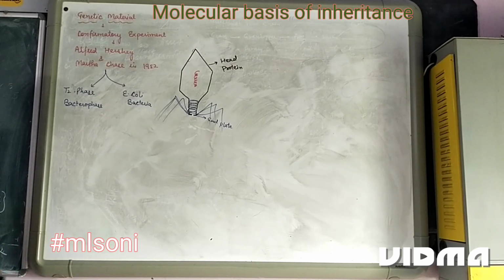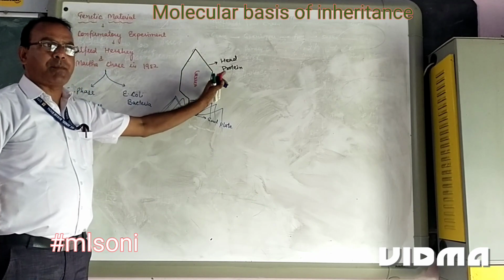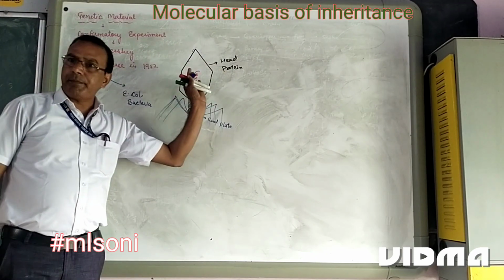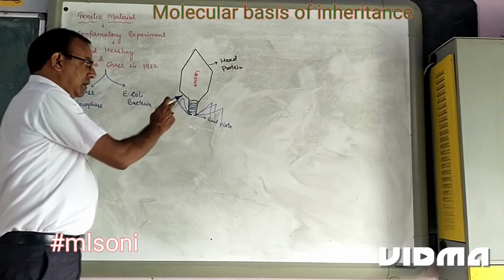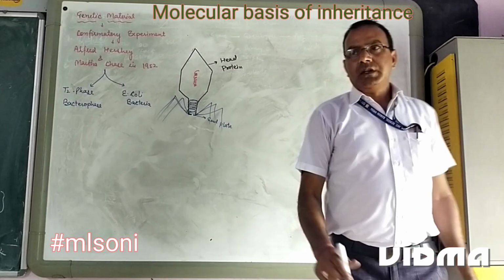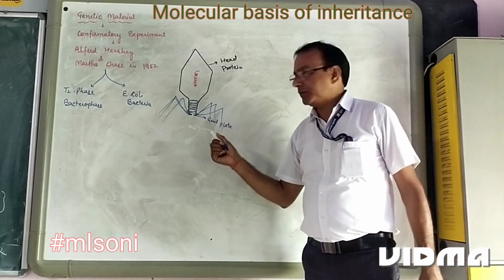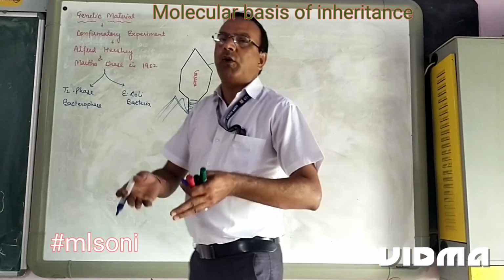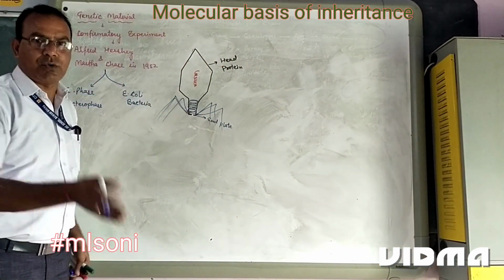This is the structure of the T2 phage, or bacteriophage. It contains a polyhedral head which contains protein as well as the genetic material DNA. The neck or middle piece contains spiral protein. At the base of the neck there is a perforation through which the genetic material is transferred to another organism.